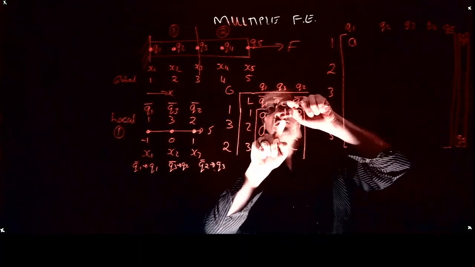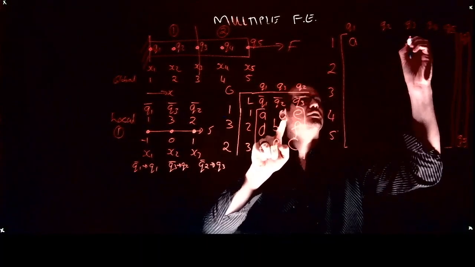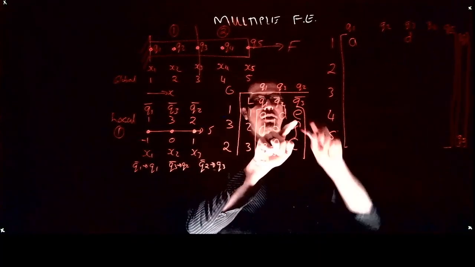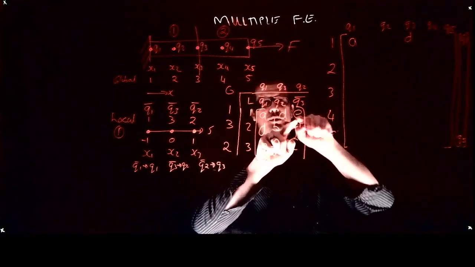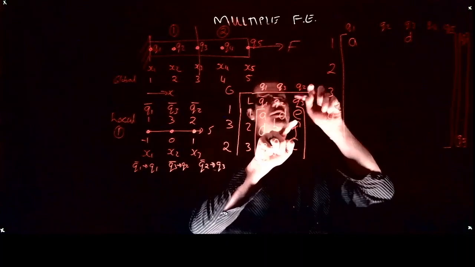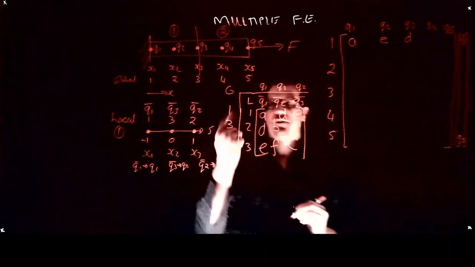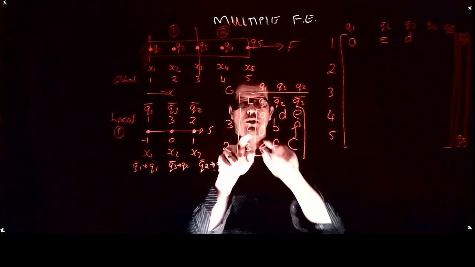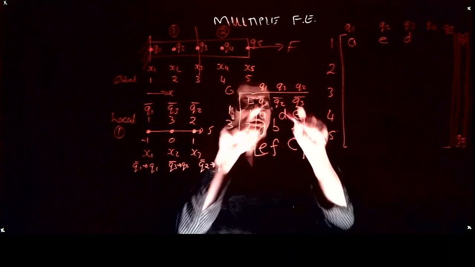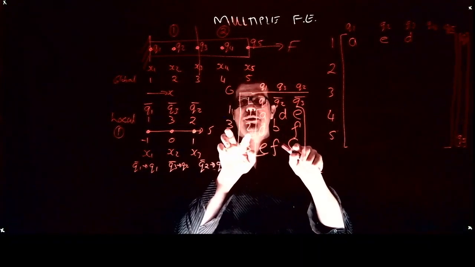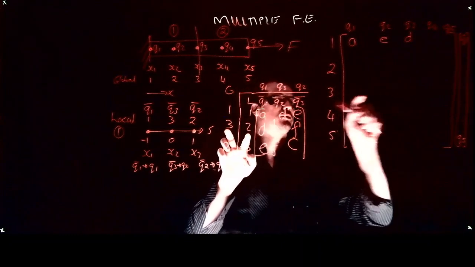Q2 bar is associated with Q3, so that's where the D will go. Then Q3 locally, the third column, must go into the second position in global 1. Then the second row in this local stiffness matrix must go to the third row in the global one, so it must go into this row.